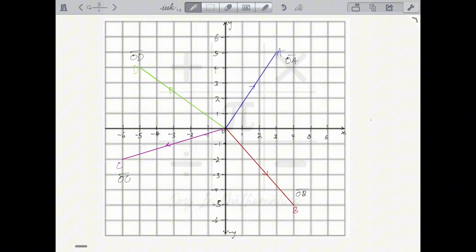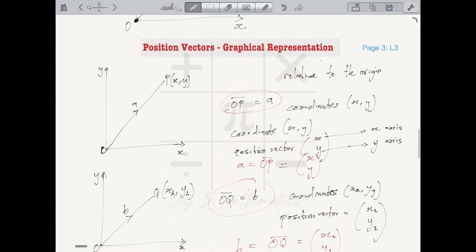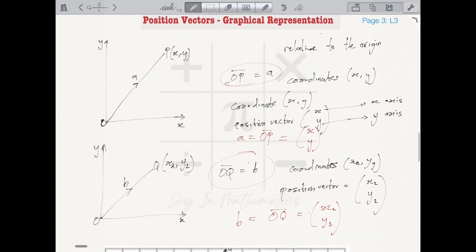Okay, now OA has coordinates of 3 on the x-axis and 5 on the y-axis. All we are going to do here is simply what we did in the previous slide. When we have coordinates of x, y, the position vector is written as x, y.